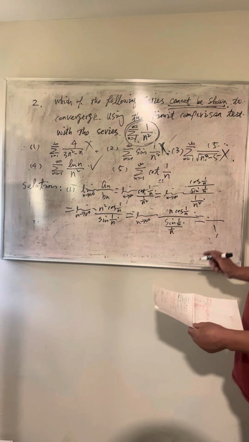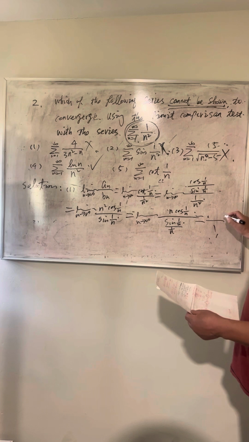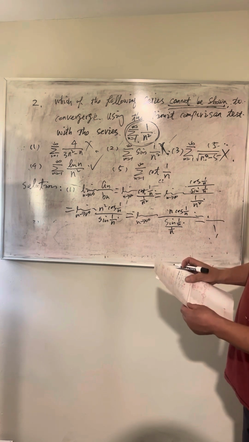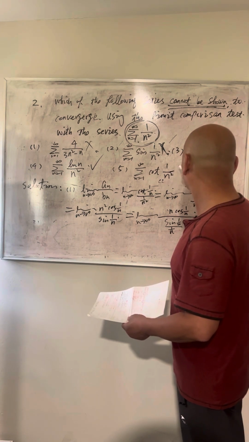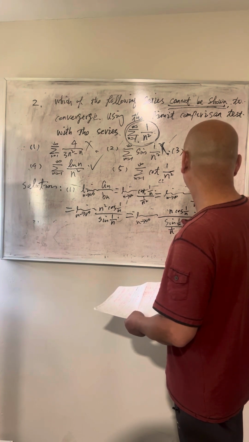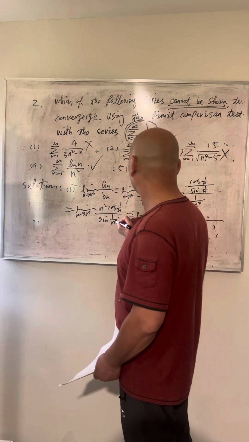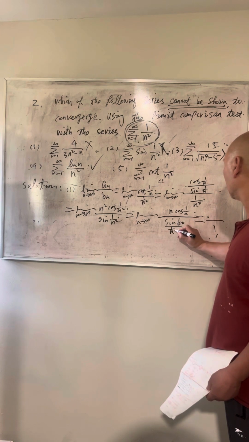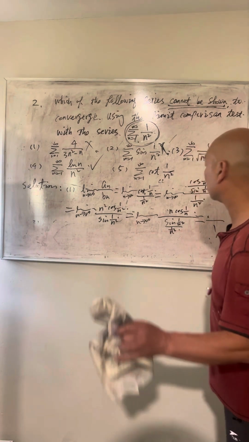Okay, here's infinity. Okay, I'm missing something. Oh, it's n squared. Sorry. Cosine n squared plus n squared. Sorry about that.